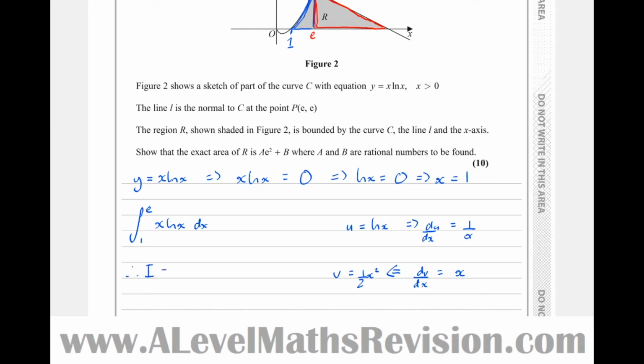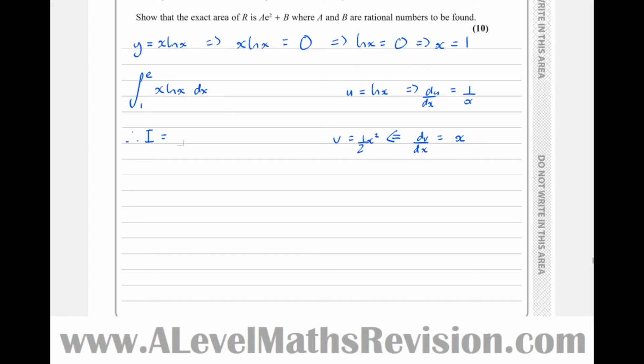which I'm going to denote by I, is equal to uv, which is a half x squared log x, minus the integral of v du by dx, so a half x squared times 1 over x, which is a half x dx between e and 1.